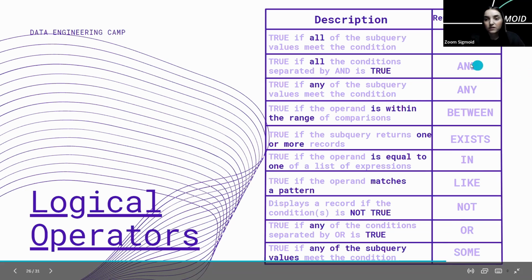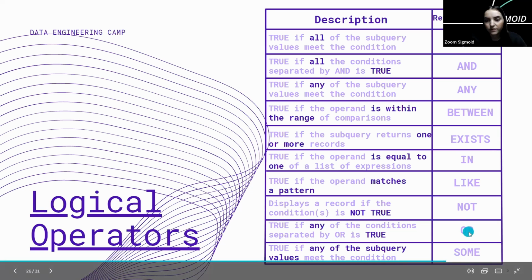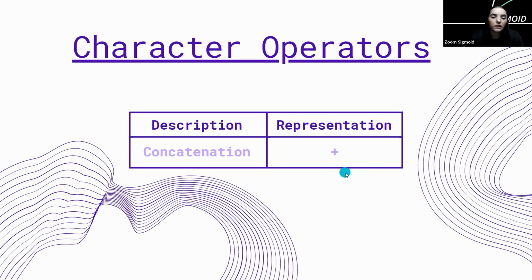As I mentioned, OR and AND, if you are familiar with bit operations, will be easy for you. We have SOME, which is true if any of the subquery values meet the condition. We have concatenation, the unification, let's say, of two or more strings. So you can concatenate, you can unify.